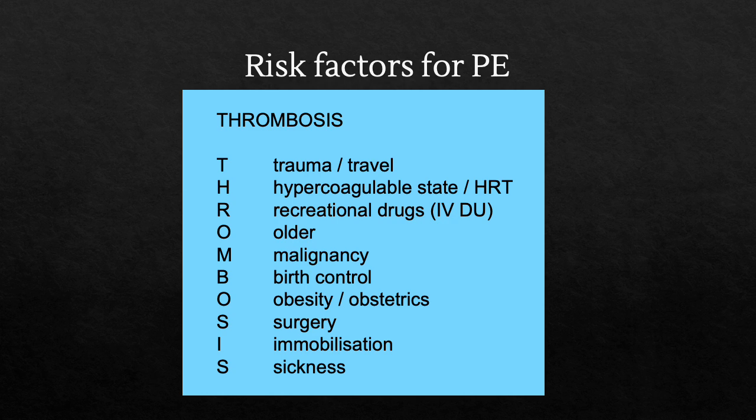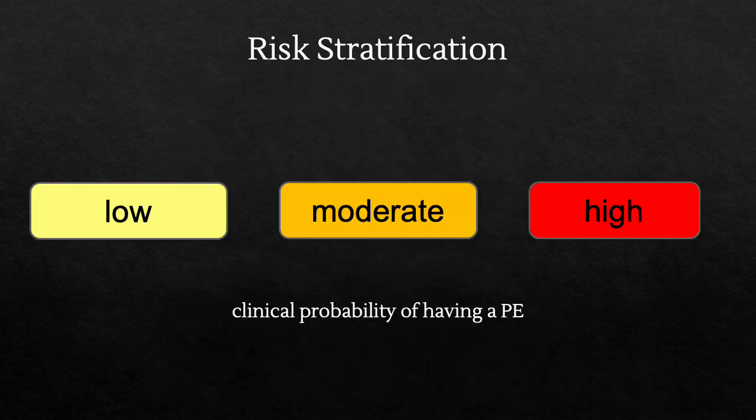Your lupus can also cause it, antiphospholipid syndrome, but it can also be something chronic like COPD or nephrotic syndrome. You need to risk stratify your patients to determine if they are at low risk, high risk, or moderate risk for PEs.